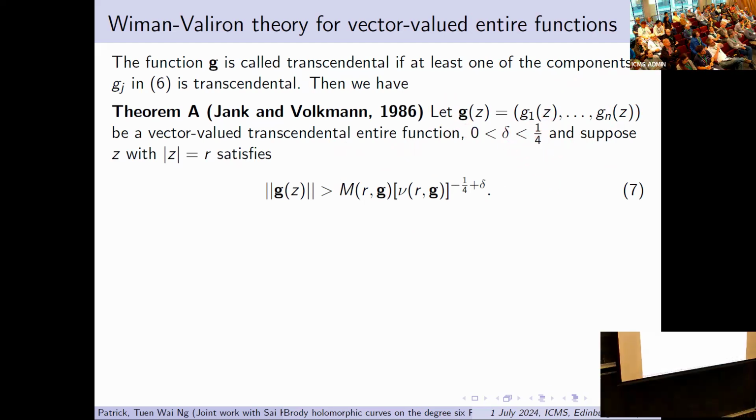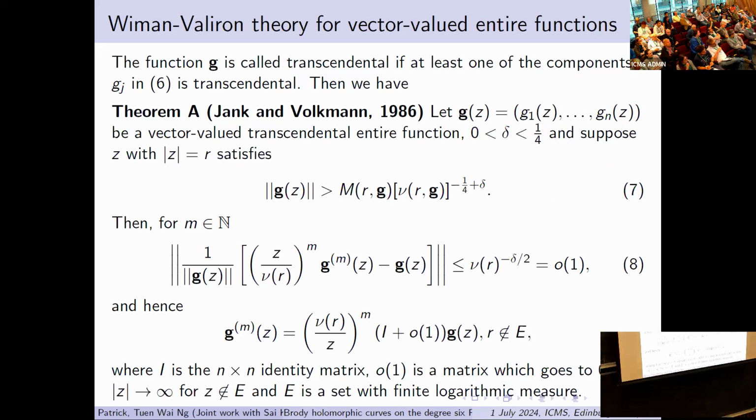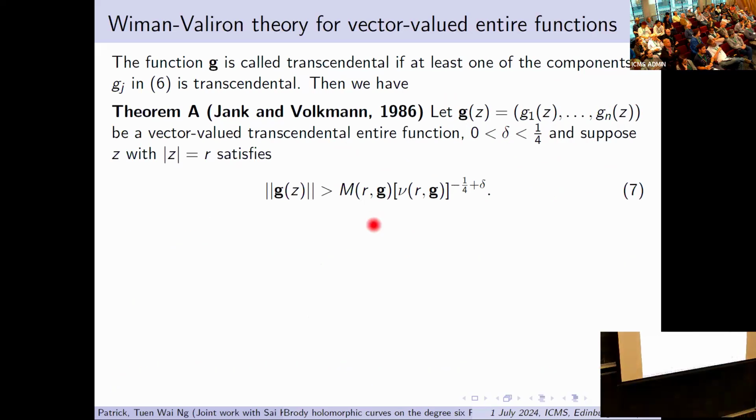Let's look at a circle with radius r, center at the origin, and suppose you have a point z so that this norm here is greater than the maximum of G, the maximum modulus function, multiplied with this factor. So essentially it's slightly bigger than this maximum modulus function.